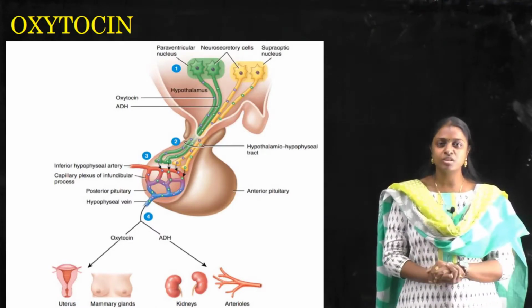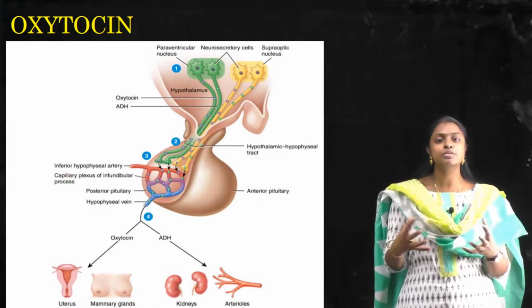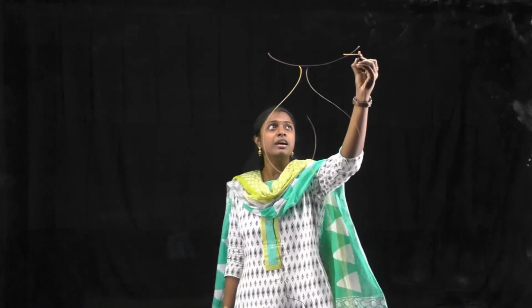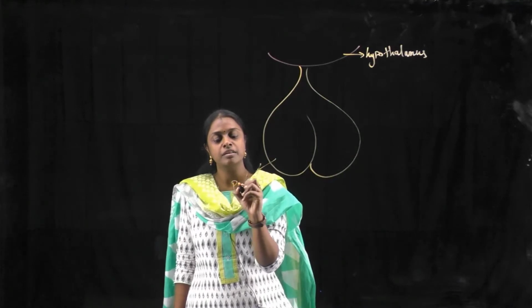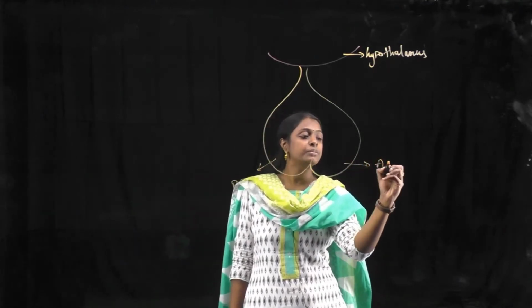Where this oxytocin is located and from where it is synthesized and what are the uses of this oxytocin. If you see, this is the hypothalamus and this is posterior pituitary gland and this is anterior pituitary gland.